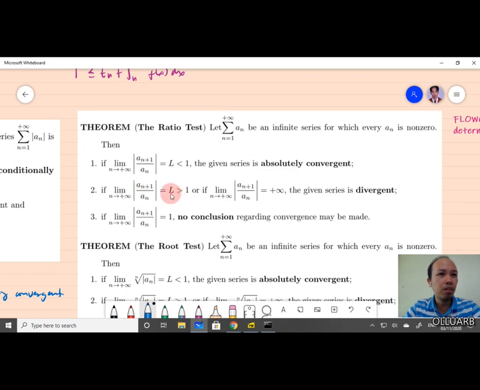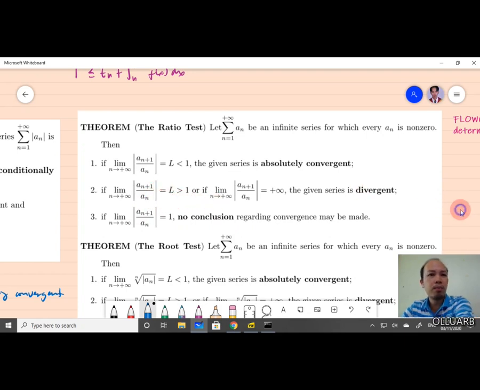But if it is greater than 1, or if the limit is positive infinity, then the series is divergent. And if it is equal to 1, then the conclusion is: no conclusion regarding convergence may be made. This is how you are going to use the ratio test.